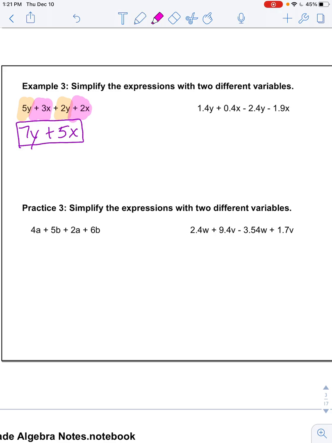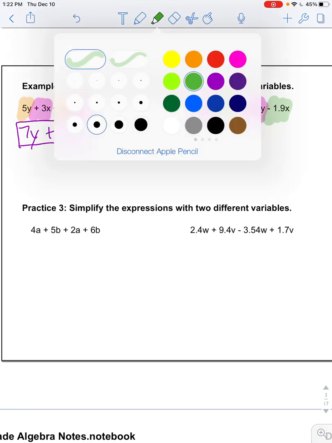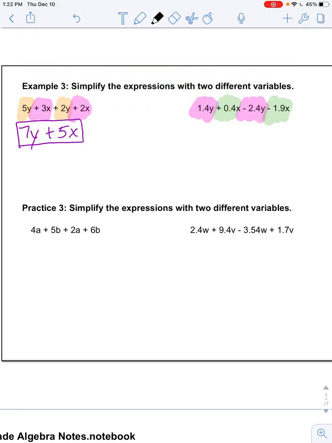Taking a look at your next example, 1.4y plus 0.4x minus 2.4y minus 1.9x. So I'm going to go ahead and highlight my y's in pink, and I'm going to highlight my x's in green. Okay, so then I'm going to go ahead and add my pinks together.